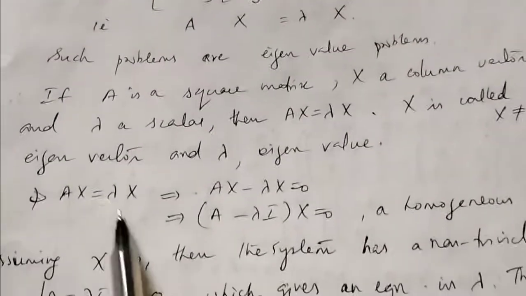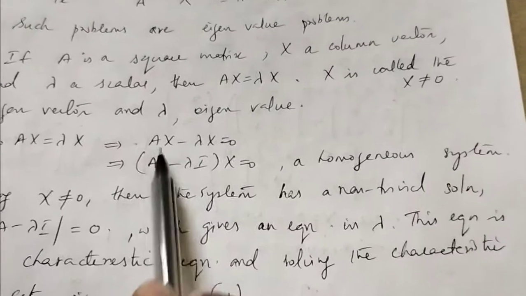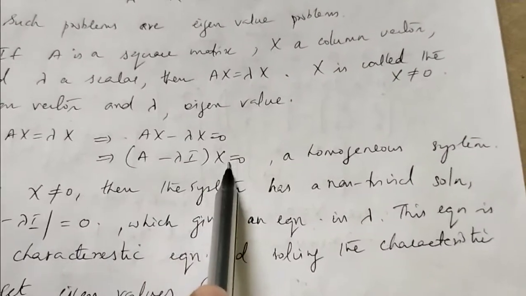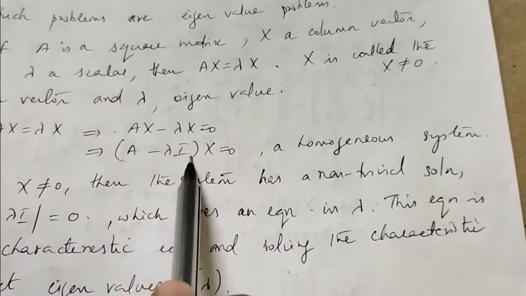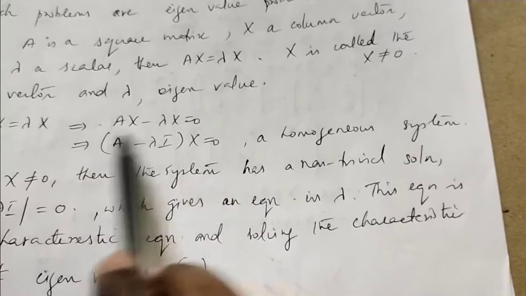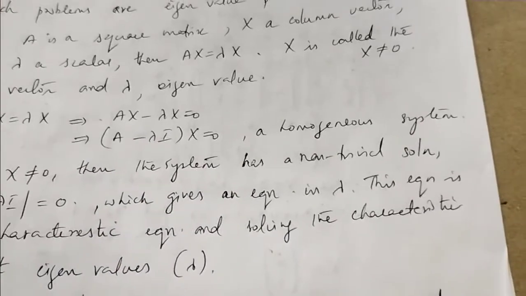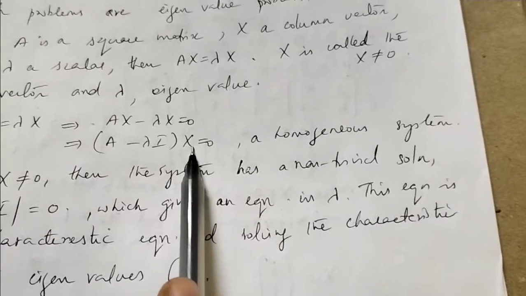So if Ax = λx, what is Ax minus λx? It will be 0. So we can take x outside on the right hand side. So (A − λI)x = 0. This is a homogeneous system as we have seen earlier. And we have assumed that x is an eigenvector which is non-zero.